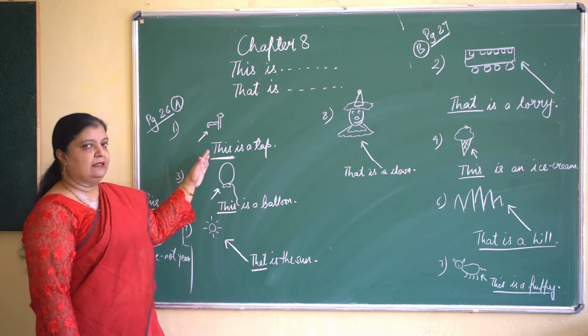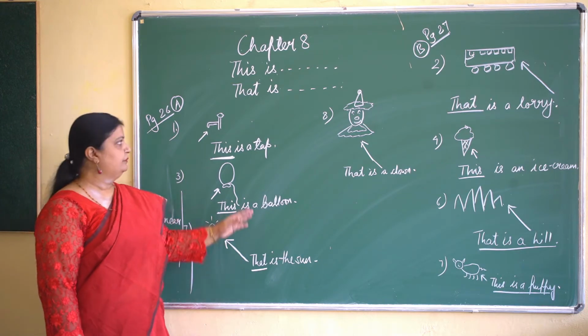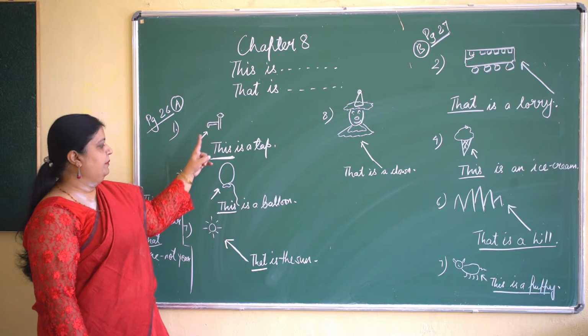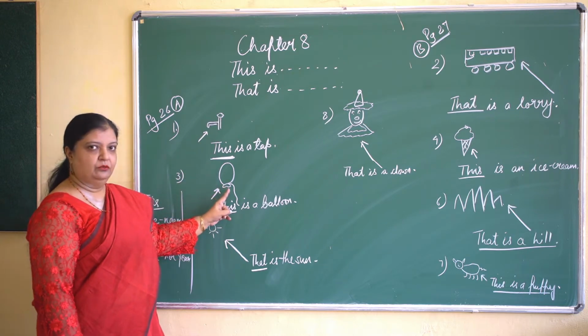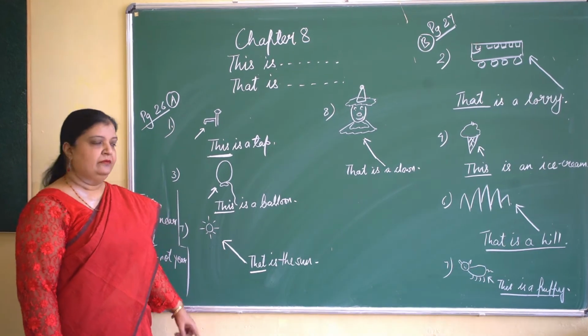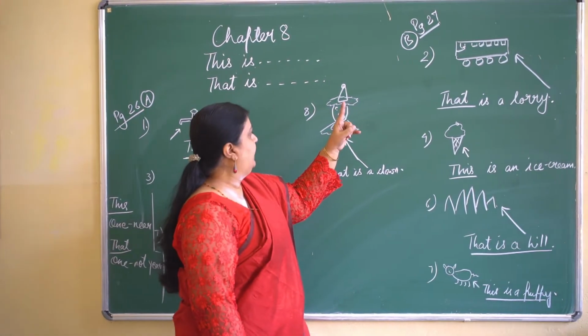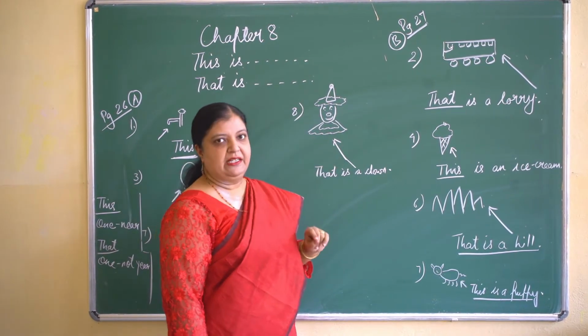Near objects, this. Far off objects, that. This is a tap. This is a balloon. That is the sun.